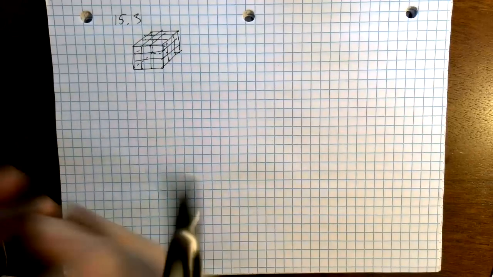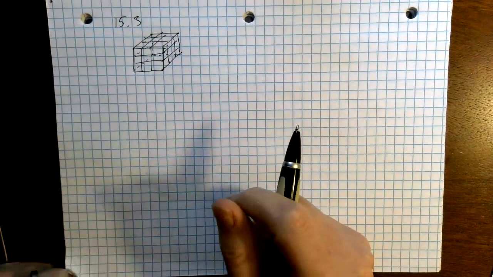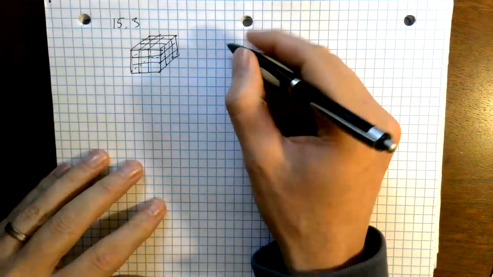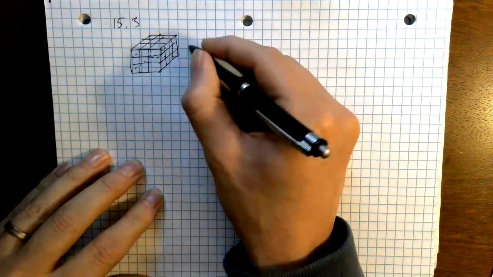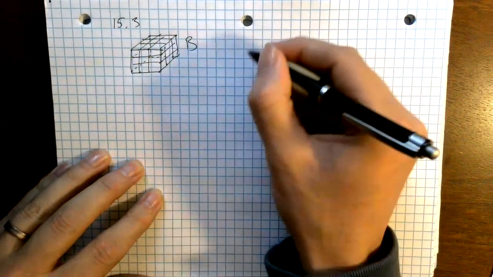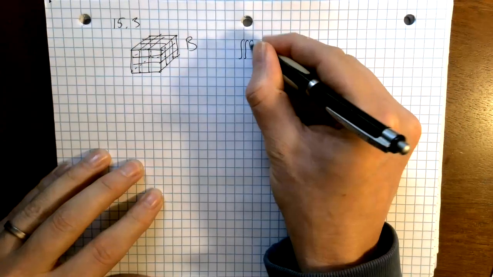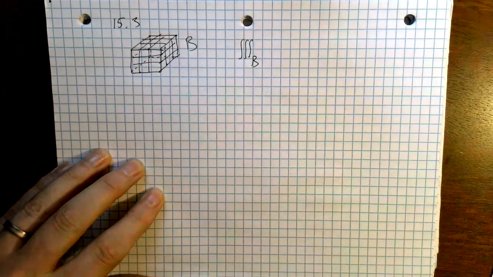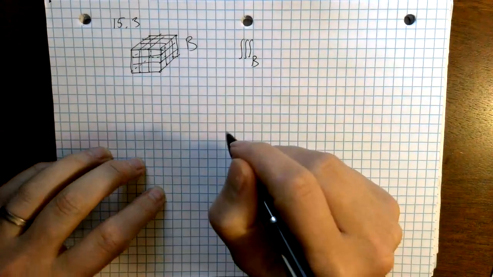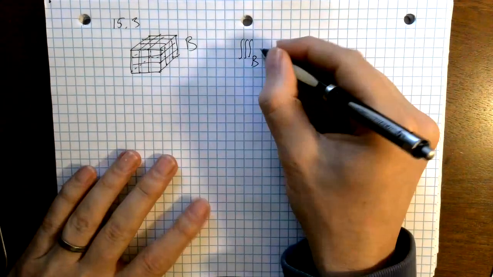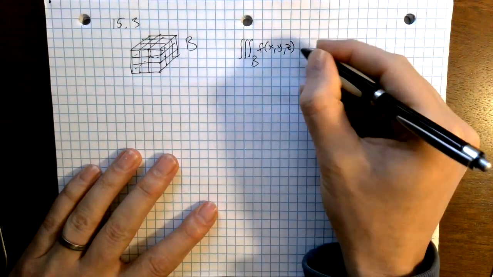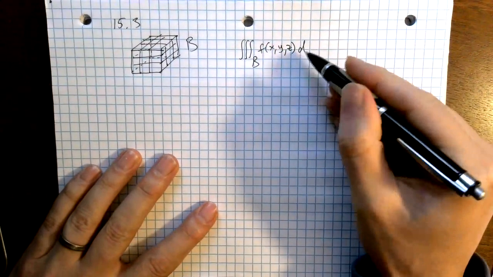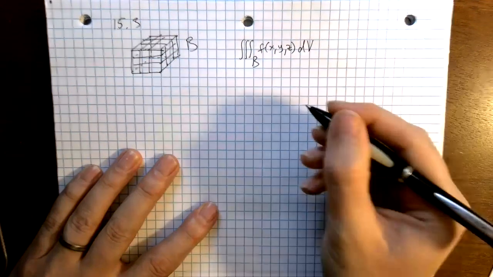You cut into small little cubes, and then if you have a function, so this is a box, let's call it B, and what we'll say is the integral of some function of x, y, z, three variables, with respect to now, we're going to write dV, right?